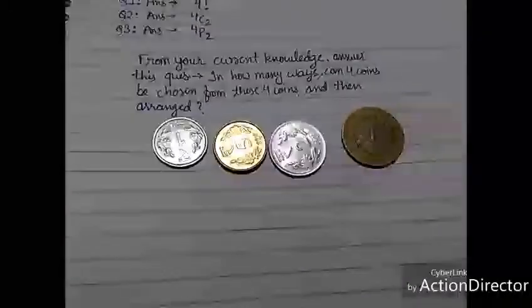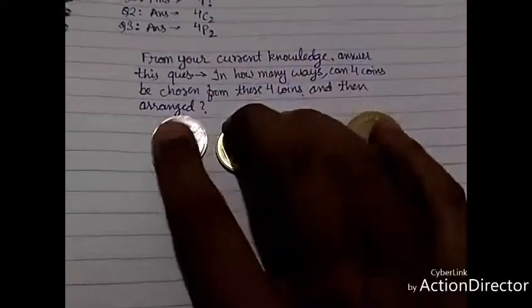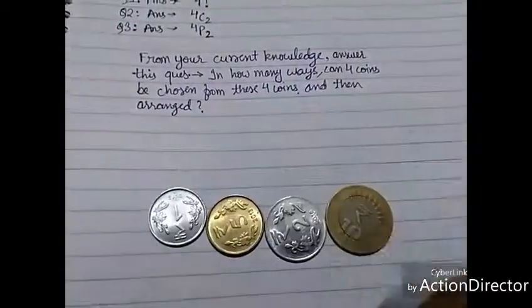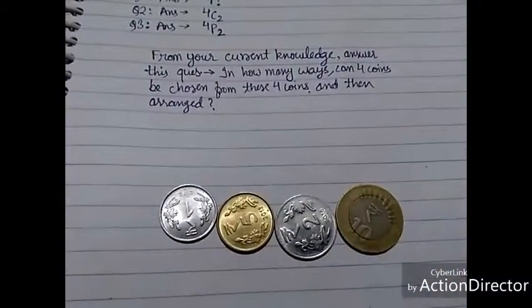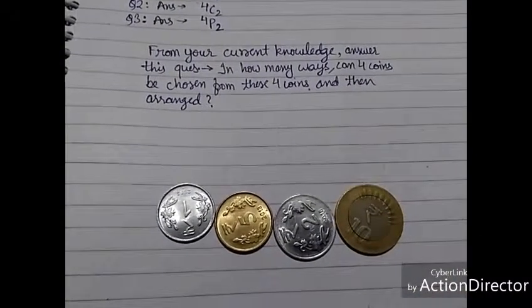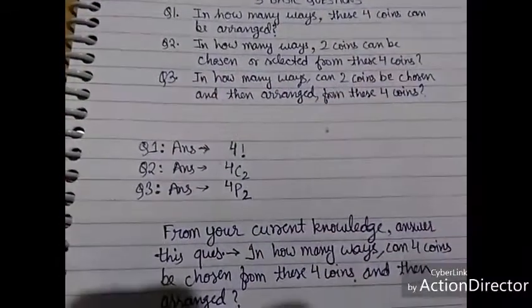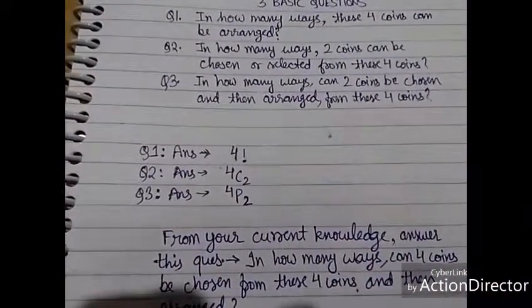The question says choose or select 4 coins from these 4 coins. So I select all these 4 and then I have to arrange them. So notice that when 4 coins have to be chosen from these 4, this question becomes exactly similar to the first question. Therefore 4P4 must be equal to 4 factorial, isn't it?